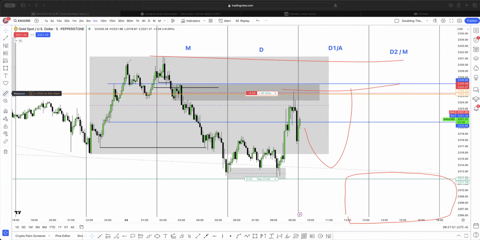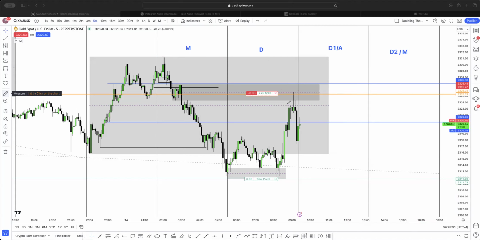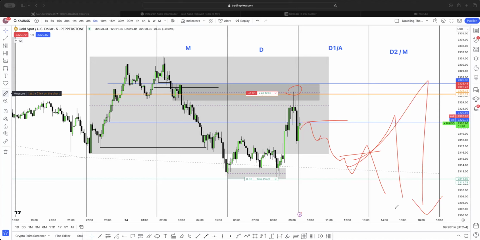There was juice over here, over here, over here. But when we start the PM session, there is no juice left. So the only juice available is New York high, upcoming London close high, lunch hour high. Then we need to take one of these to continue the sell-off if they are selling off.